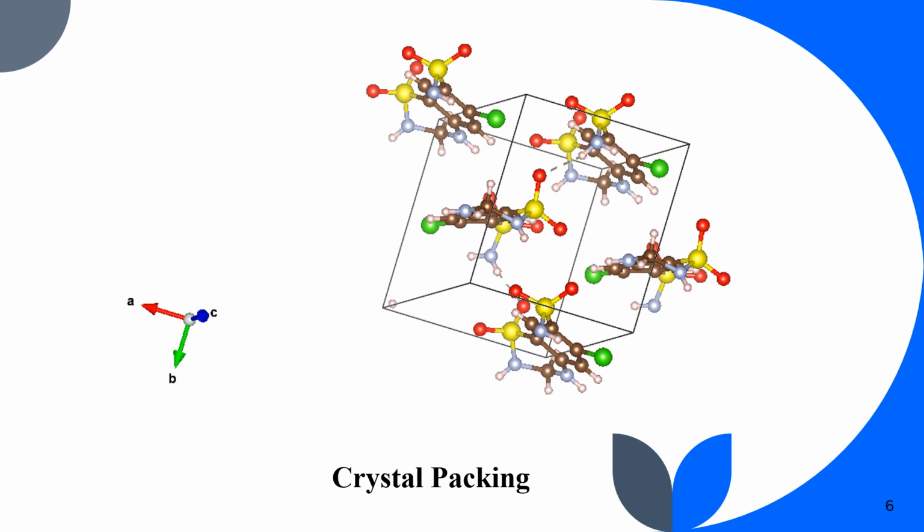And here is the crystal packing that I solved using Vesta, where we can figure out a pattern of symmetries, like how the crystals are arranged over a long range. If we look diagonally, we can easily see there is a pattern in the crystal packing.